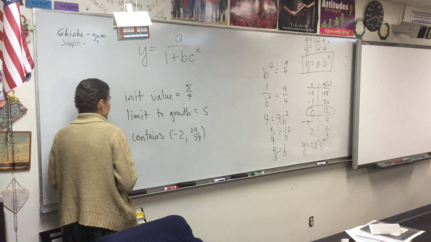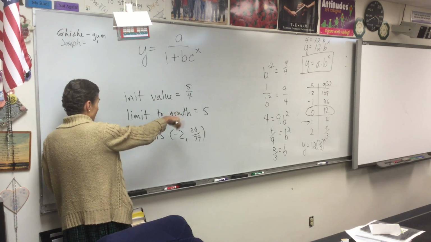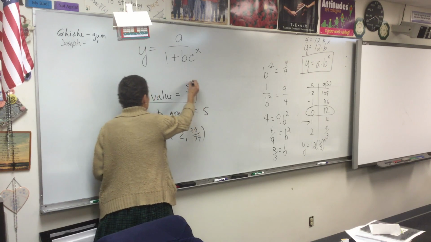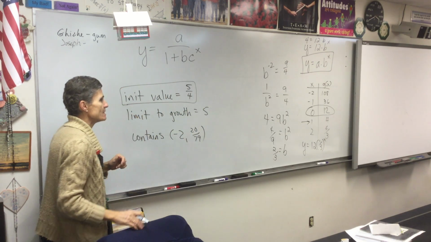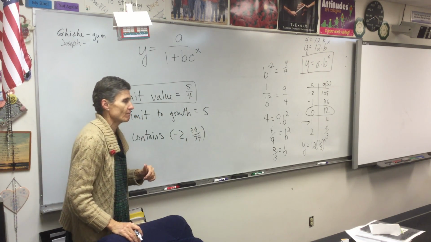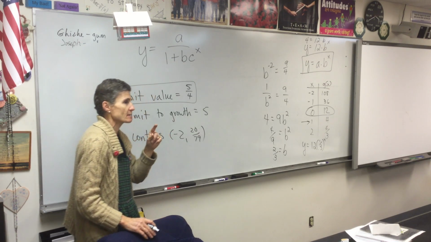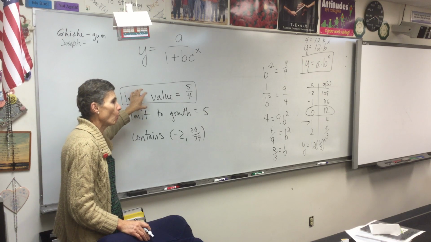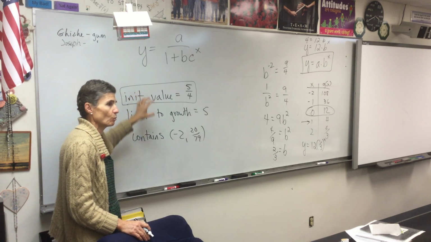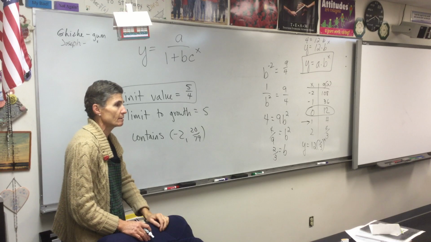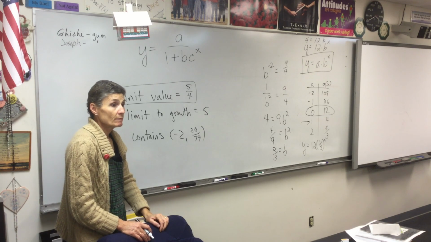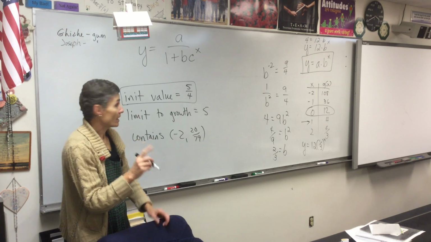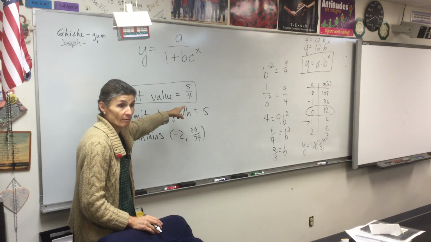Having already had a conversation about the exponentials, can somebody help me with this? When I say the initial value is 5/4, think about what DeAndre just asked. What can you tell me about a point that this represents right here? What point does that represent? 0. If x is 0, then y is going to be 5/4.